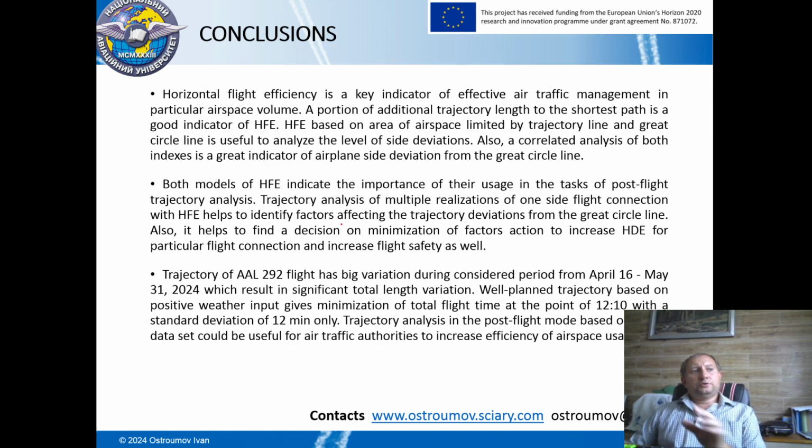And here you could see conclusions related to our work. What is the main important thing here is that we need to use both parameters for analyzing airplane trajectories, especially for post-flight data processing.